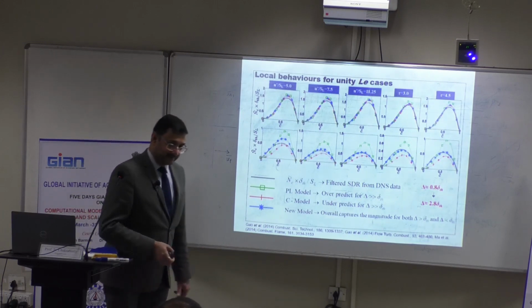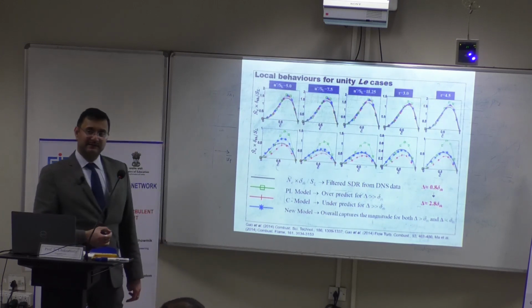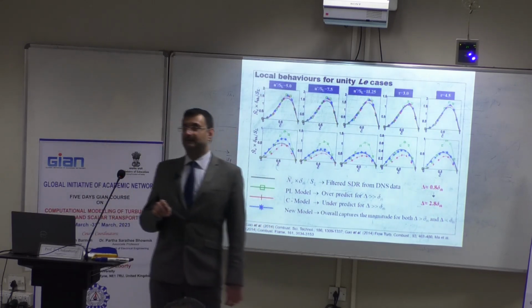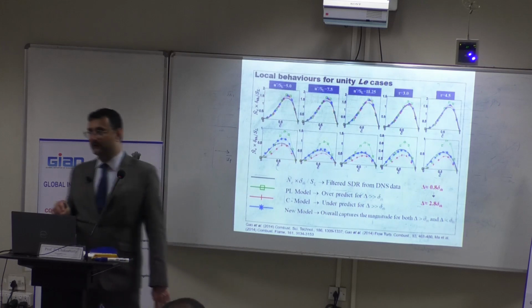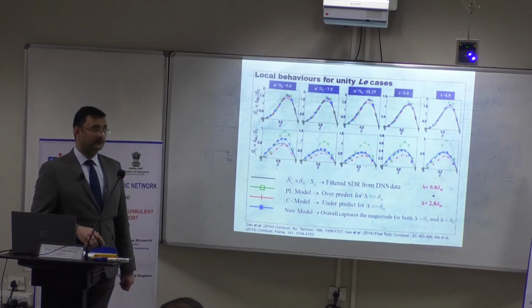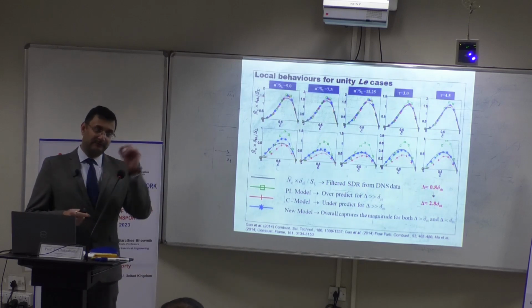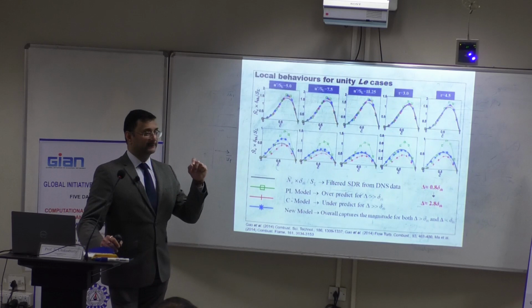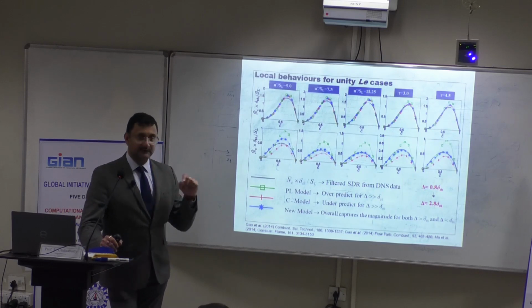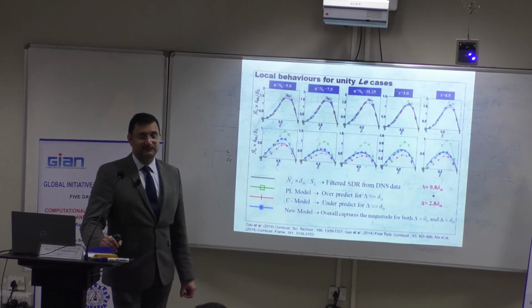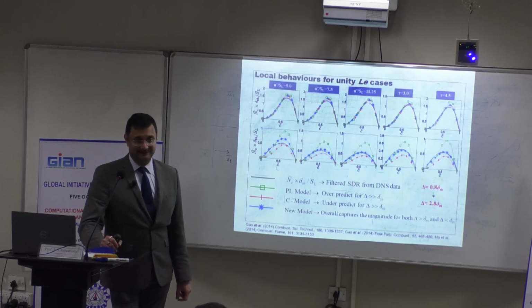Before I leave this slide, let me mention one thing. The physical reason why the power law model does not do a good job in terms of capturing the local behavior, although I took all the values directly from DNS data so that it captures the volume average behavior quite well, is that scalar dissipation rate is a quantity which shows multi-fractal behavior.